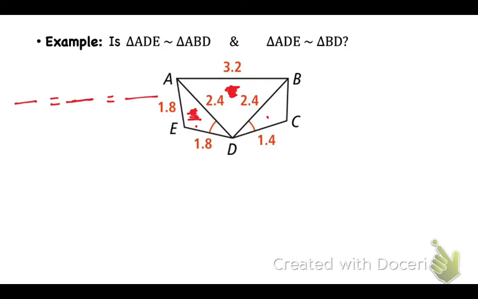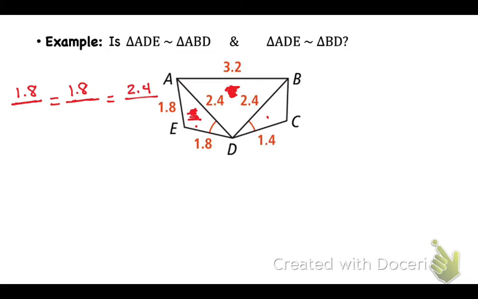And it doesn't matter which triangle we start with. I probably would start with ADE because it's on the left of what the question is, but does it matter if I start with that one? No. So if I go to ADE, I got what? 1.8, 1.8, and what? 2.4. So again, don't sit there and try to figure it out from the picture. Go to the names.